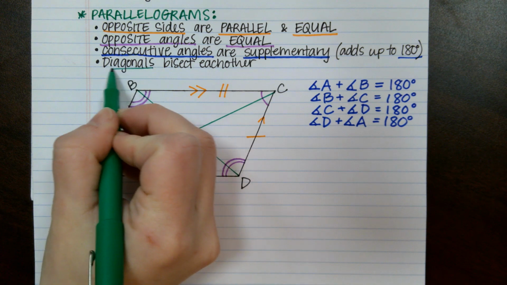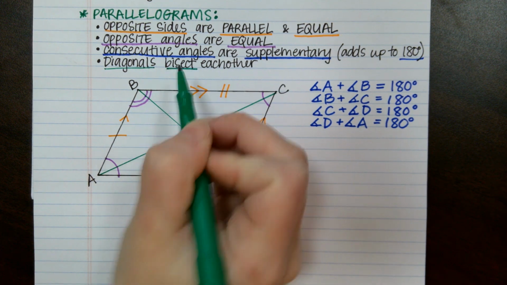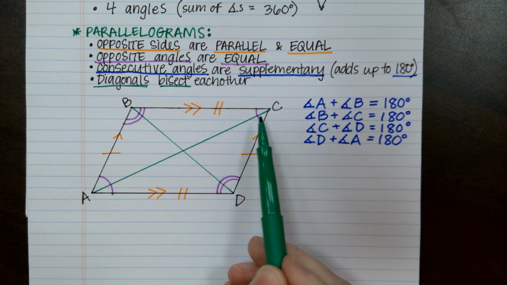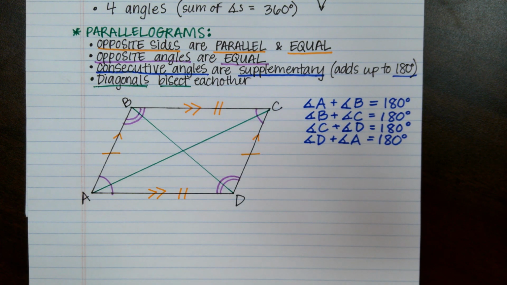So we have diagonals. How can I show that these diagonals I drew, the green lines, bisect each other? What does bisect mean? It's split in two. Whenever I bisect something and I split it in two, what do I know about the size of the two parts that I've made?